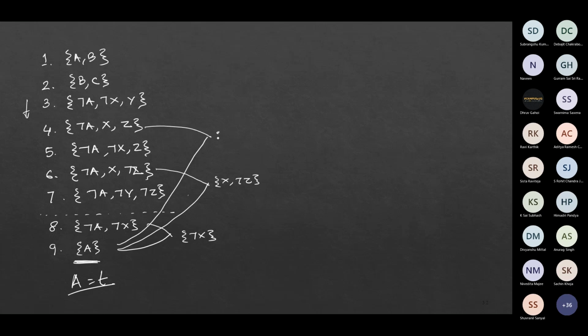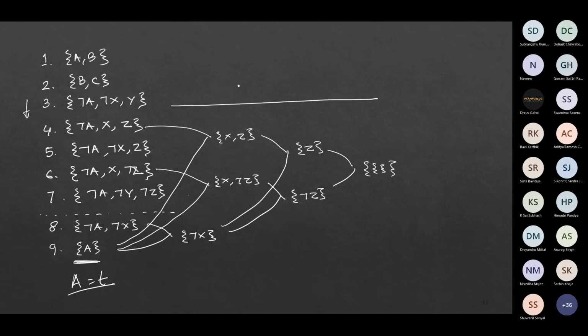We get xz, right? Then maybe we can perform unit resolution on this to get, say, not of z, and this with this we get z and we get a contradiction. So in this process, you see, you're not making any decision, not a single decision.